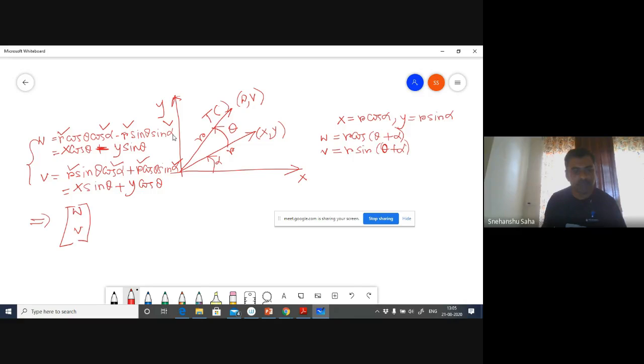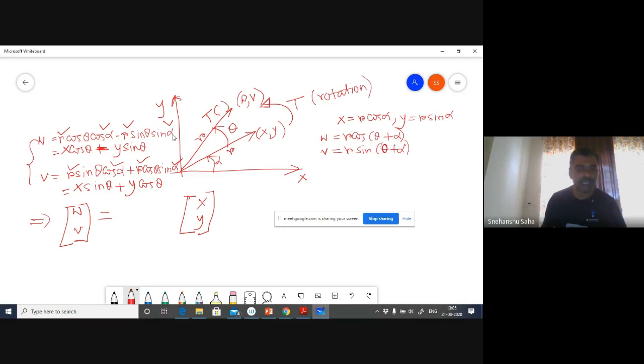Isn't that what we wanted to do? What we wanted to do is the following: figure out a transformation T which will take me from x, y to w, v. And basically this is a rotation that we are talking about, because this is exactly what we have done.